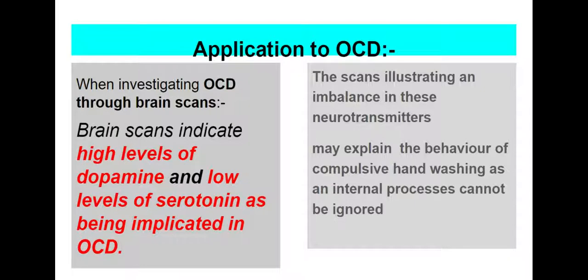So when you do psychopathology later in the course, you have to look at the biological explanation of OCD, obsessive compulsive disorder. So let's have a little look at OCD. What happens when somebody with OCD goes into a brain scanner? Well, what they have found is that there is an imbalance in certain neurotransmitters.